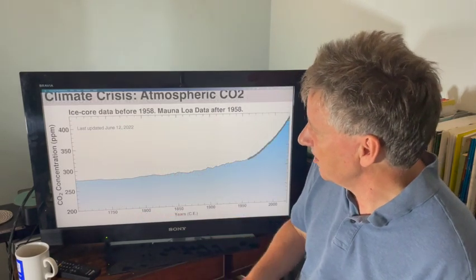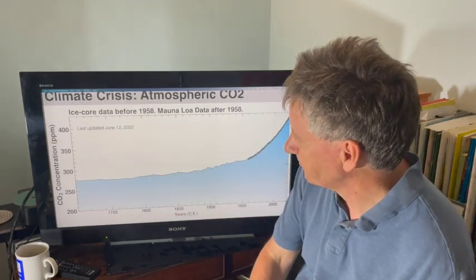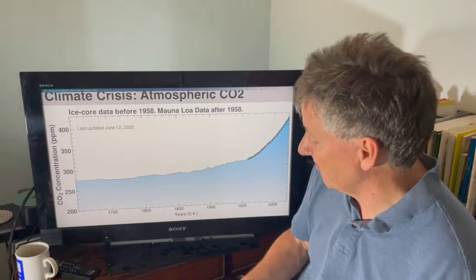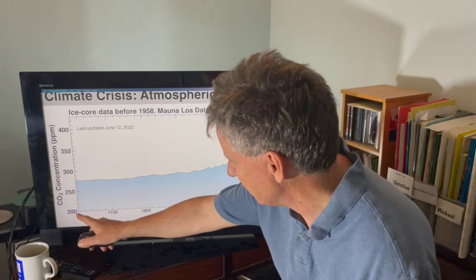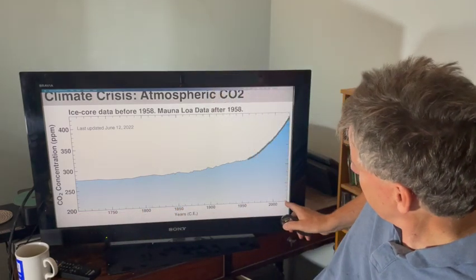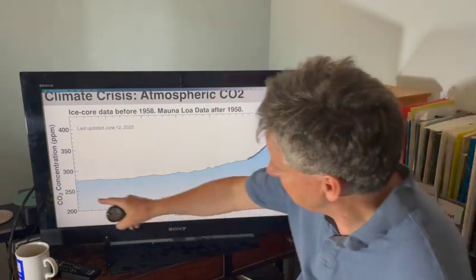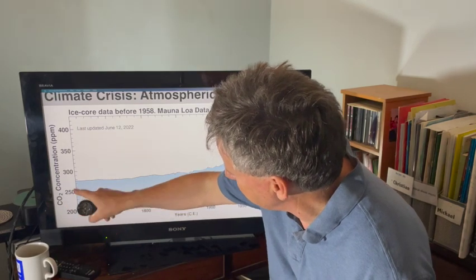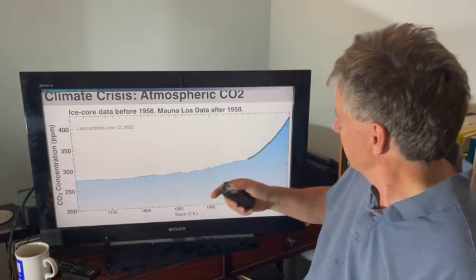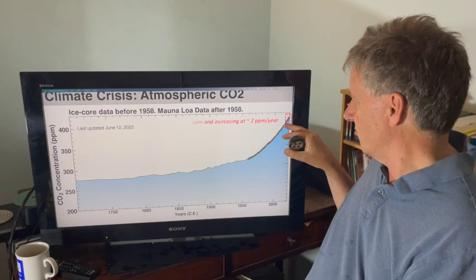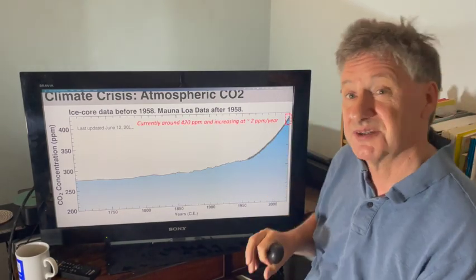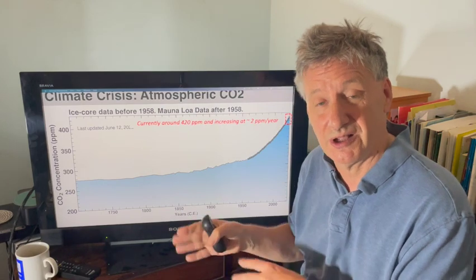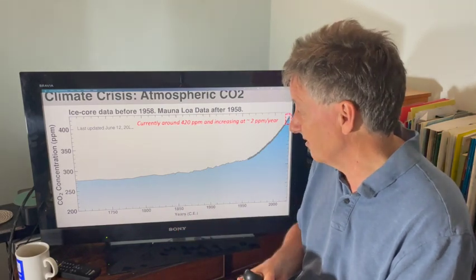Okay, so what is the atmospheric concentration of carbon dioxide? This graph shows the atmospheric concentration of carbon dioxide from 1700 up to the present day. And these are the ppms, 200, 300, 400. Currently we are at about 420 parts per million. This concentration in the atmosphere is increasing at about 2 parts per million per year, very roughly.